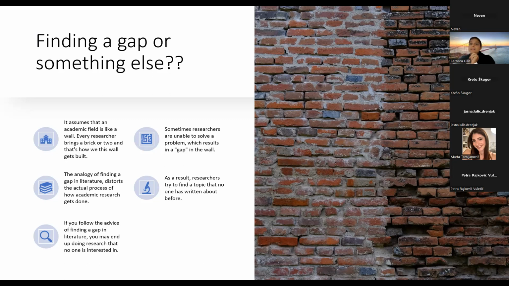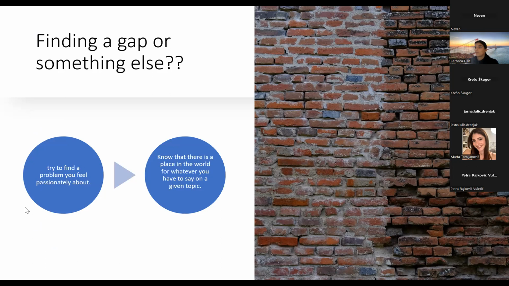But the problem is that researchers sometimes are unable to solve a problem, which results in that gap in the wall. And that's why sometimes you can find yourself doing research that no one cares about, simply because no one has ever written about that before. Why did I mention this?